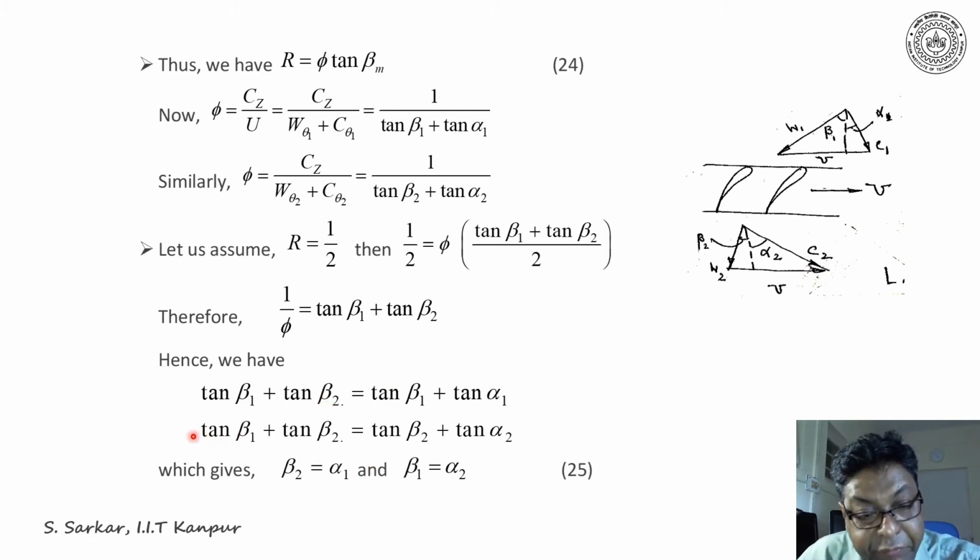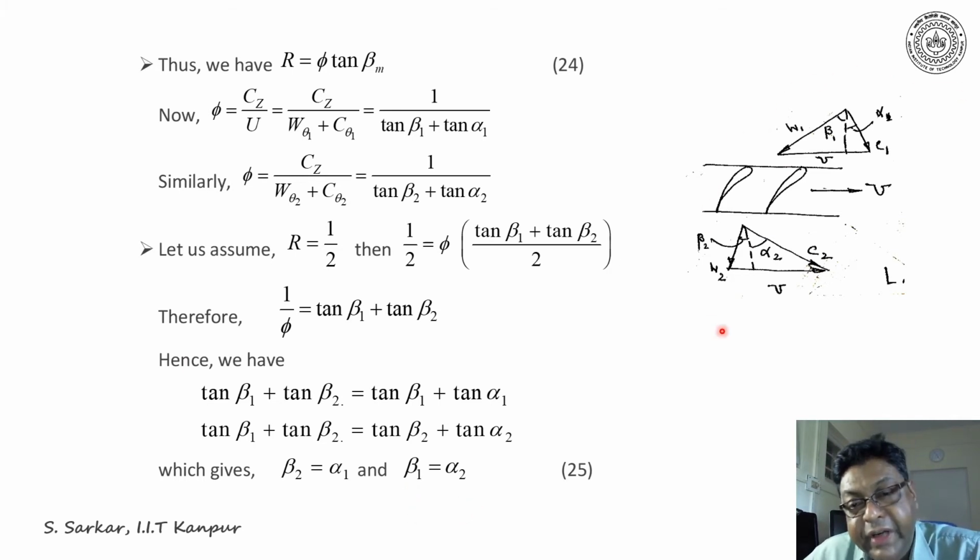And from the second relation, tan beta 2 will cancel out. I'll get beta 1 is equal to alpha 2. Thus, for degree of reaction equal to half, I have got the following two relations, that beta 2 is equal to alpha 1 and beta 1 is equal to alpha 2.